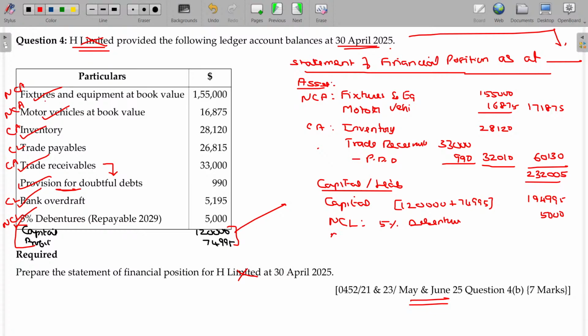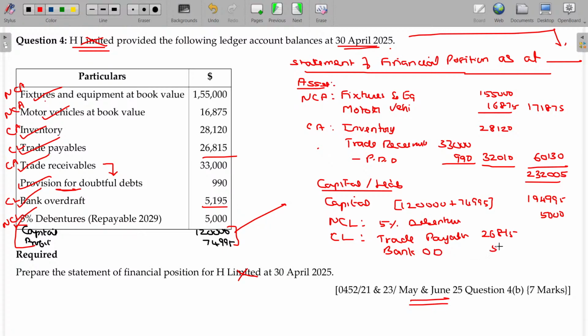Last one, that is current liabilities. Bank overdraft. If nothing stated, bank overdraft usually part of current liabilities only. Current liabilities. Apart from that, we have been given the trade payables. So I'll start with the trade payables. Trade payables 26,815, and bank overdraft 5,000 rupees.